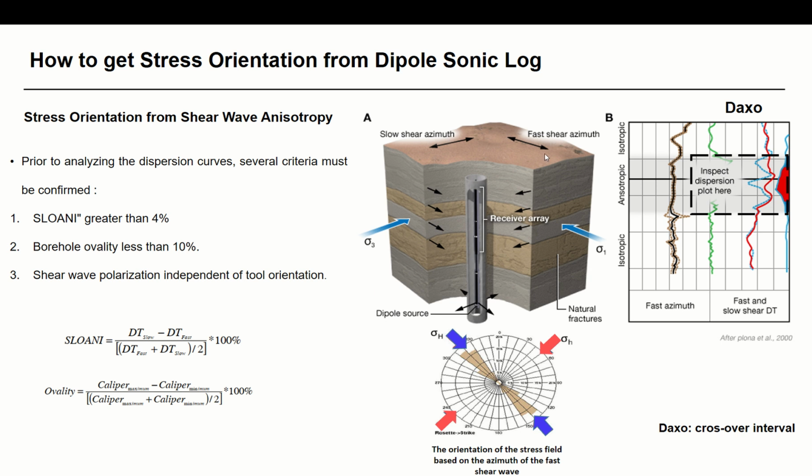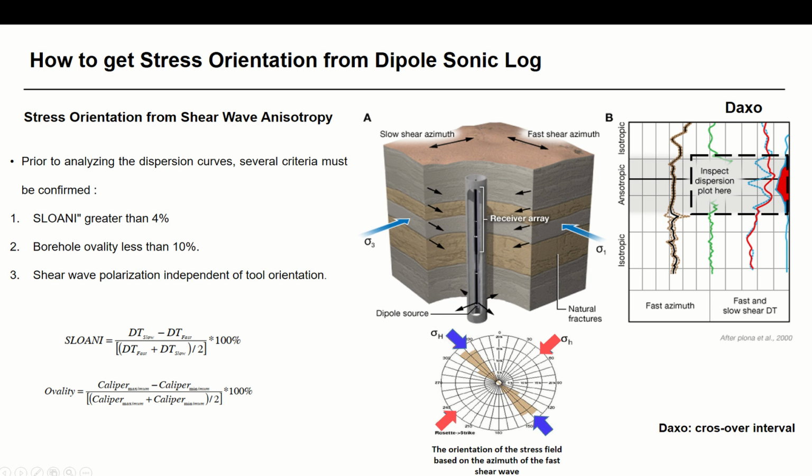The fast shear wave aligns with the maximum horizontal stress direction, and the slow shear wave aligns with the minimum horizontal stress direction. By analyzing the arrival time differences and the polarization between these two waves, we can estimate the stress orientation.